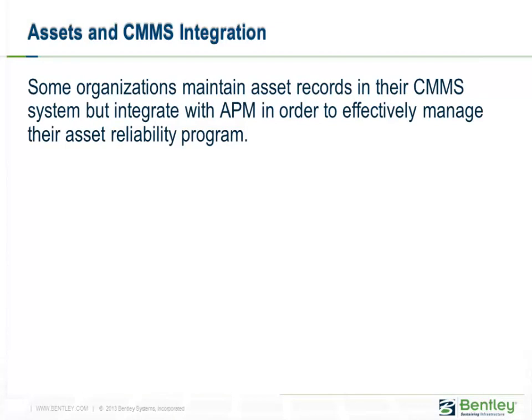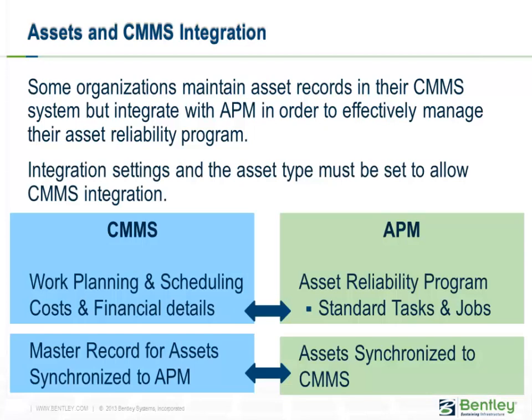Some organizations maintain asset records in a CMMS system apart from APM. This allows them to do planning and scheduling of work and to capture the associated cost details. CMMS systems apart from APM do not proactively address an asset's reliability program. For this reason, the CMMS is the master system for asset information, whereas the asset's reliability program is managed in APM.